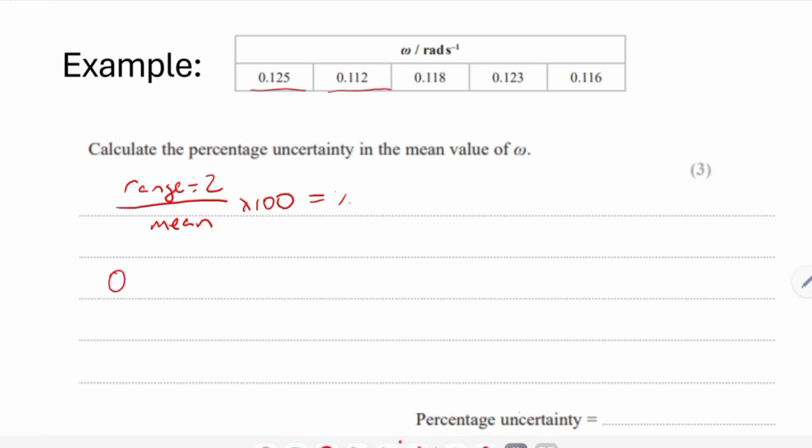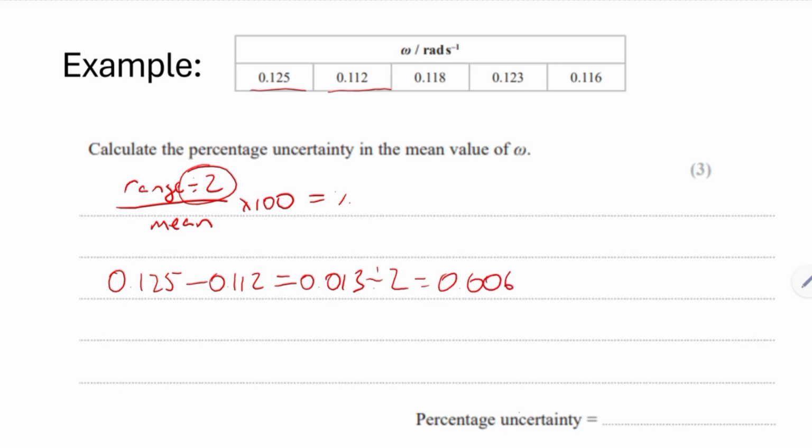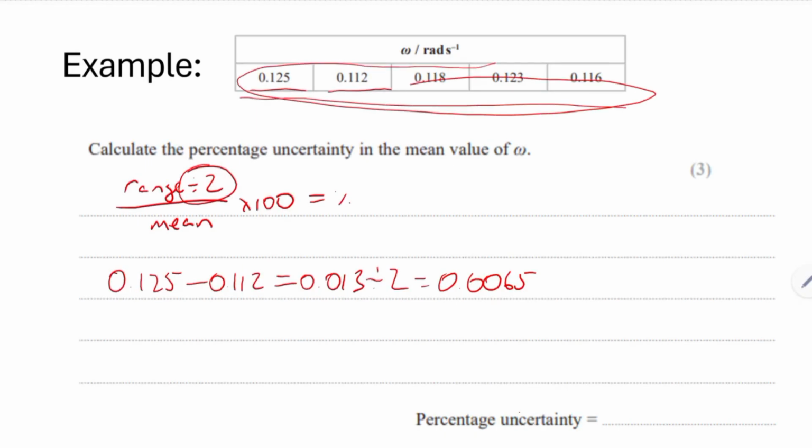So you do 0.125 minus 0.112, and you will get 0.013, and you divide this by 2 as it states here, and you will get 0.0065. We need to find the mean of the values, which is all of these added together and divided by how many there are, so that will be 5.